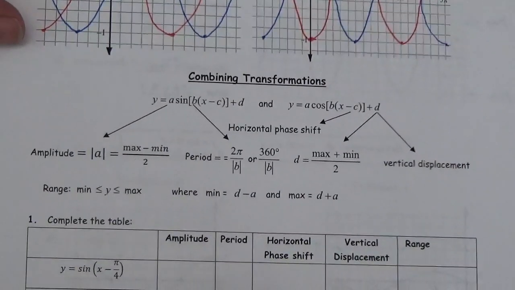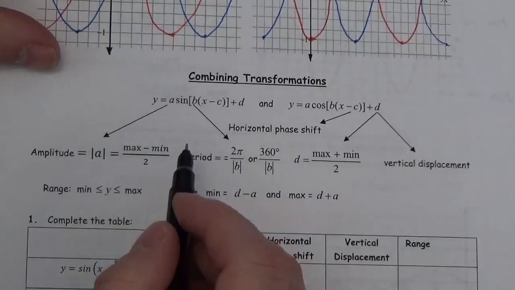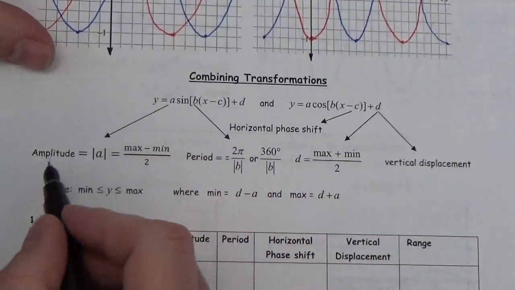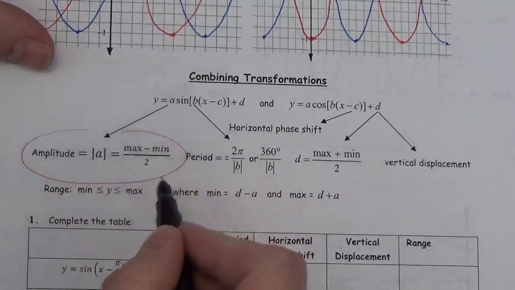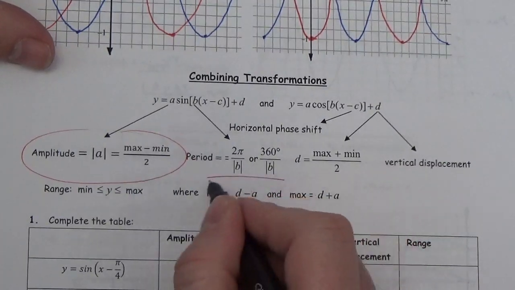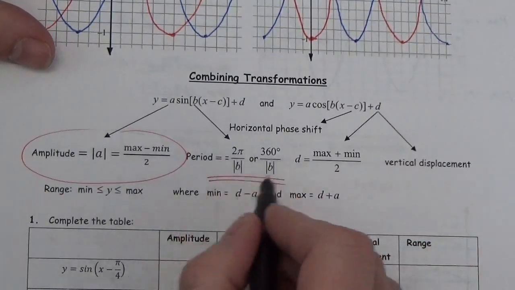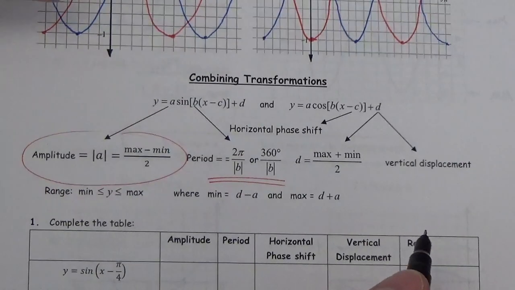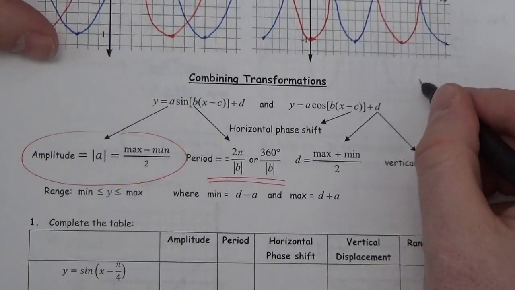So now, when you're combining transformations, here we go, all together. A is your amplitude, and here's your formula for the amplitude. B is going to be related to period by this formula right here, unless, of course, this is a tan function.